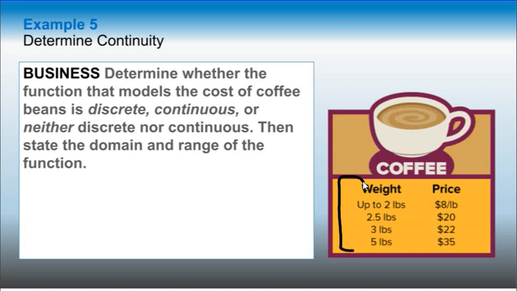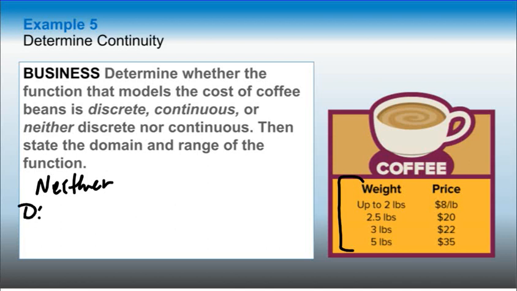After that, it changes to specific amounts. So 2.5 pounds, you pay $20. For 3 pounds, $22, and 5 pounds, $35. And there's nothing in between for that one. So you have a continuous flow up to 2 pounds, but then you have discrete. If you have a combination of both discrete and continuous, this would be neither.